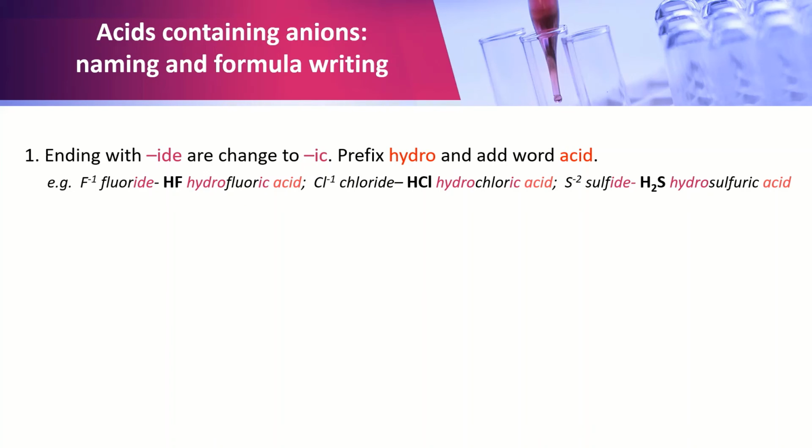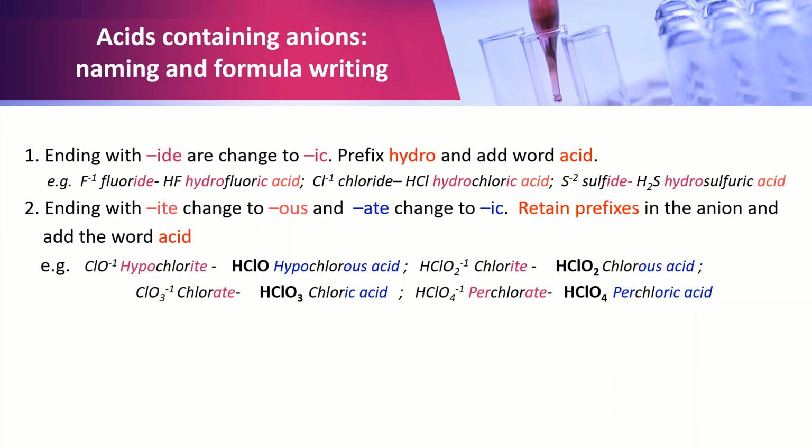Now let us go to the guidelines of naming and formula writing of acids containing anions. First, anions ending with IDE are changed to IC. Prefix hydro and add the word acid. For example, in HF, it is hydrofluoric acid. HCl is hydrochloric acid.